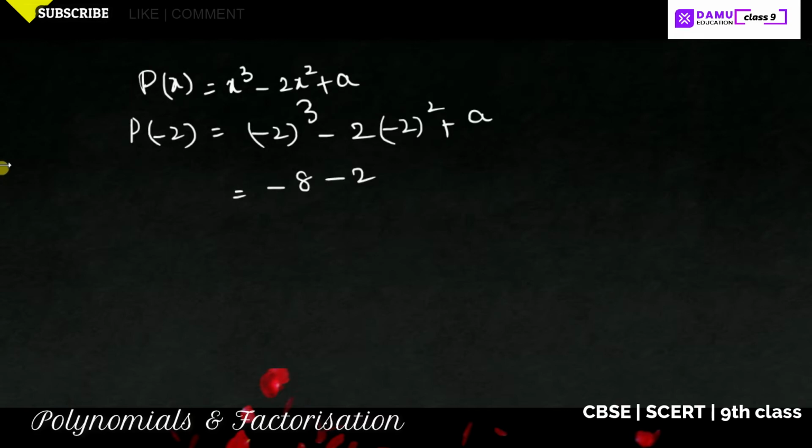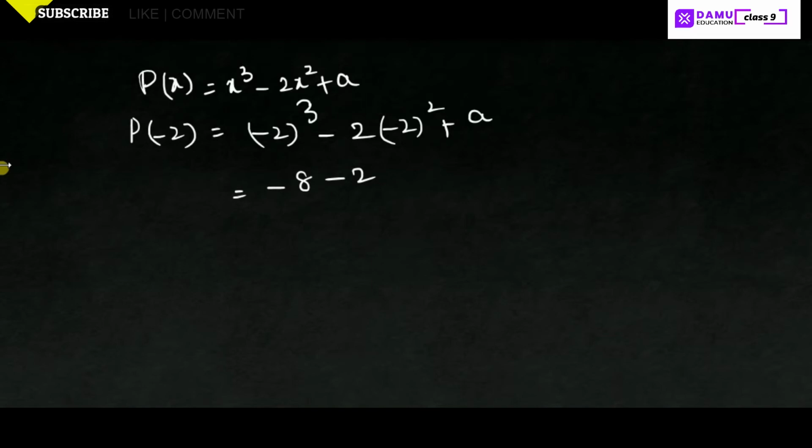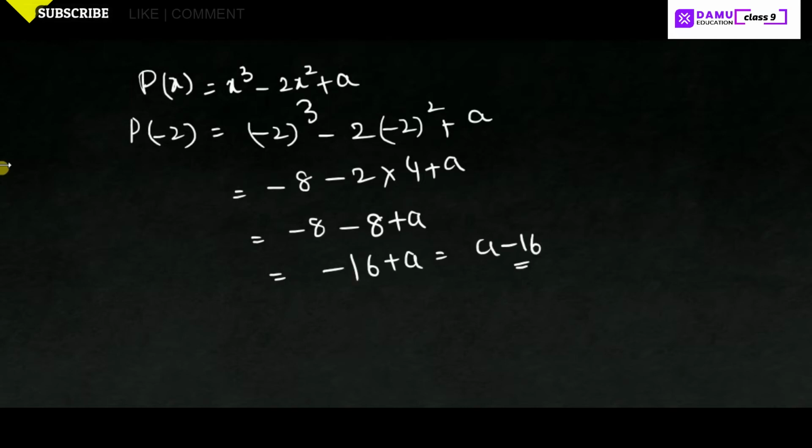Then minus 2 into minus 2 whole square: the power is even, so the minus becomes plus, and 2 twos are 4, plus a. Then minus 8 minus 2 fours are 8, plus a. Then minus 8 minus 8 is minus 16 plus a, that is a minus 16. You can get it like this also.